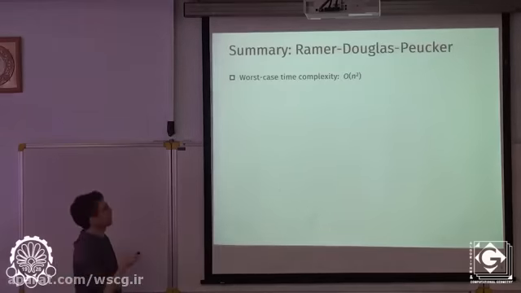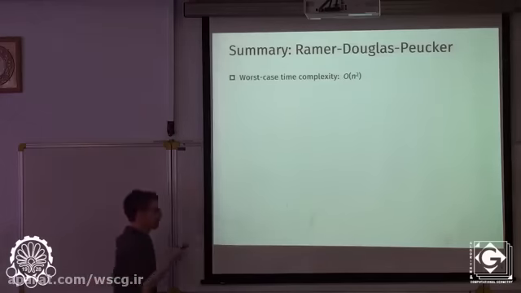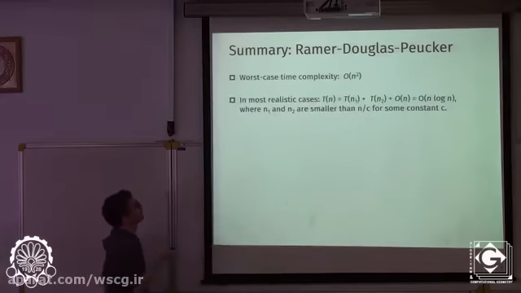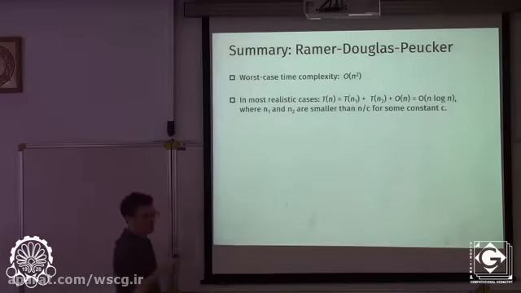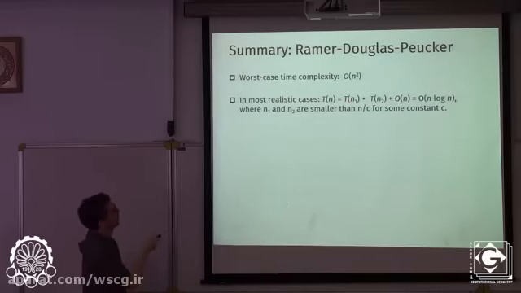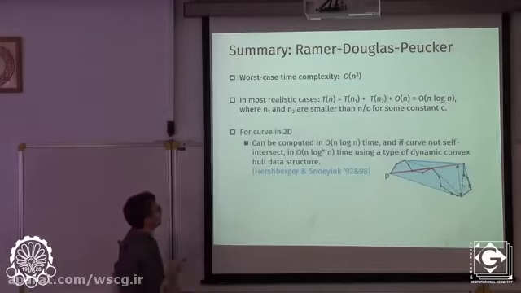Once more about this algorithm, it runs in quadratic time. Of course, I'm not sure whether realistic is the right term, but not unlikely the split will be more in the middle, and then the running time is, hopefully on many data sets, closer to n log n.